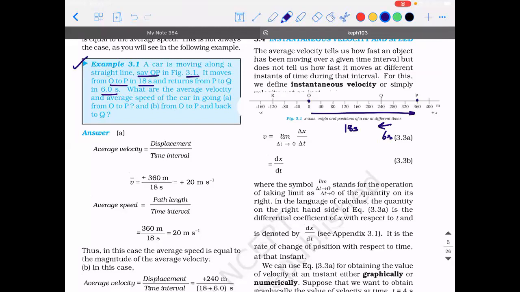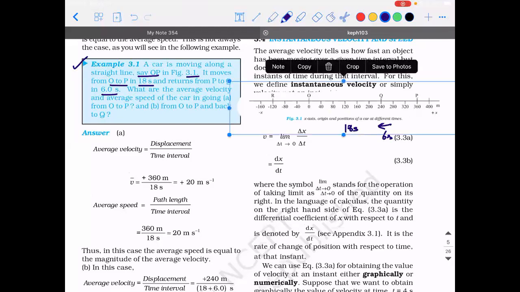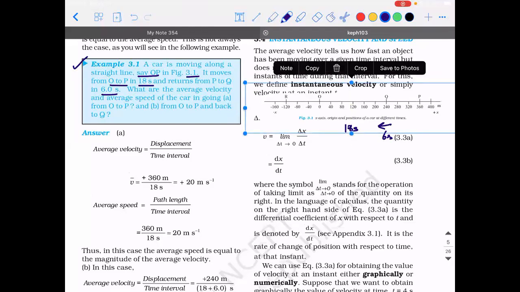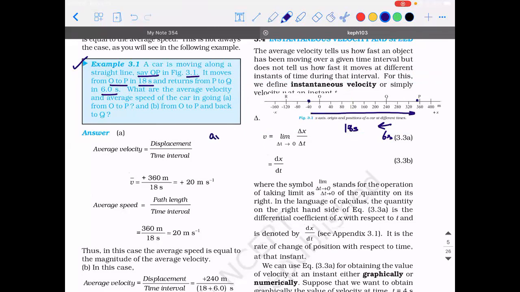Okay. So what is the average velocity in the first case? It is 360 divided by 18, which is going to be 20 meter per second.